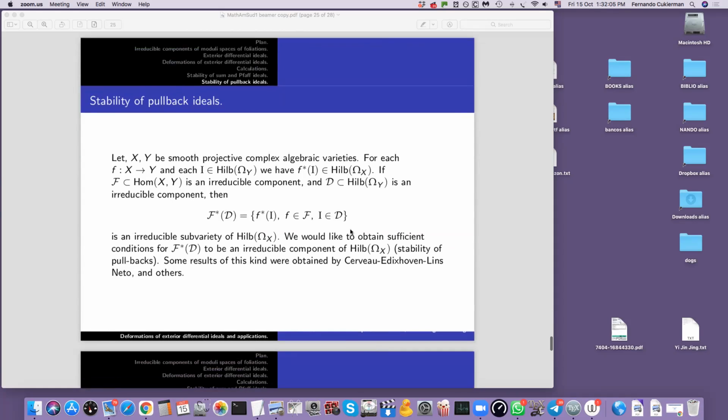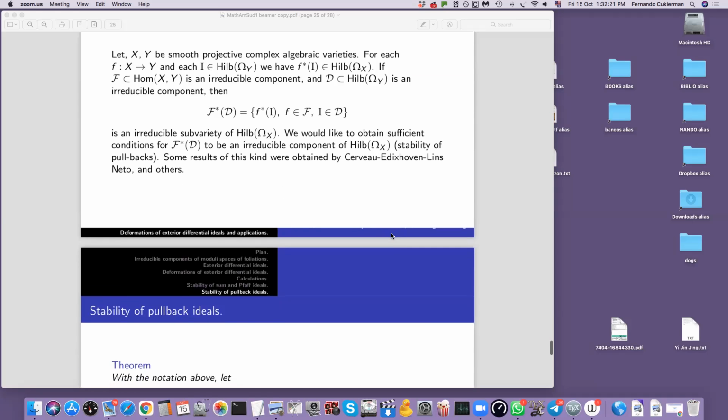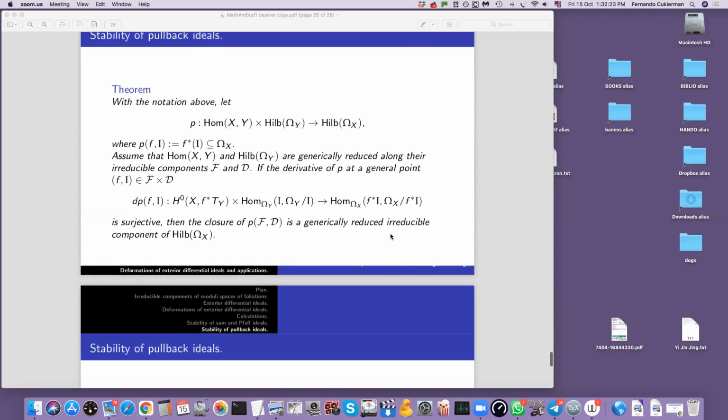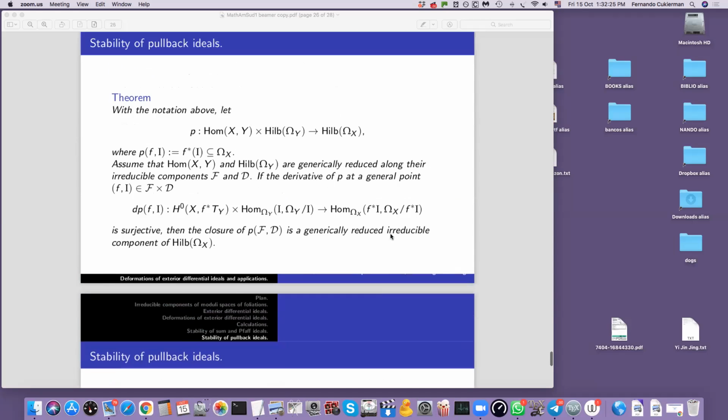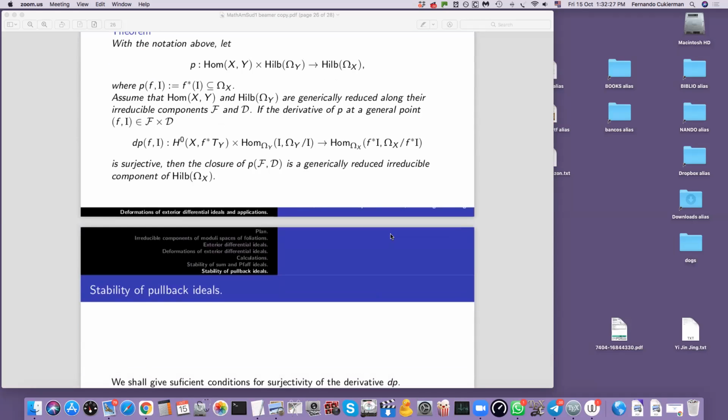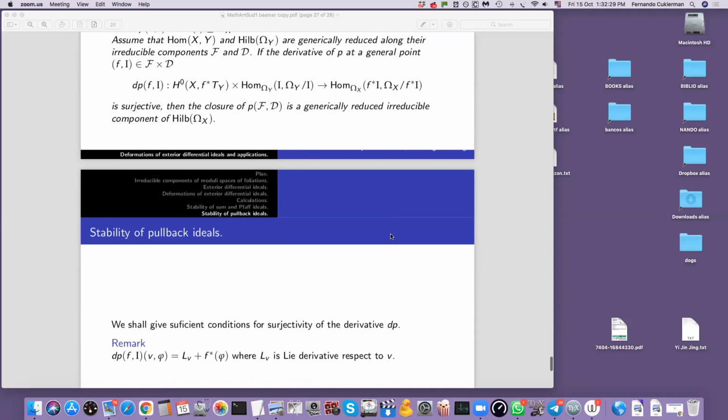Generalizing the theorem by Cerveau, Lins Neto, and Edixhoven that I mentioned before, we can generalize this to ideals. But that's another work in preparation. Okay, so let me just leave it there, but that's basically the idea.